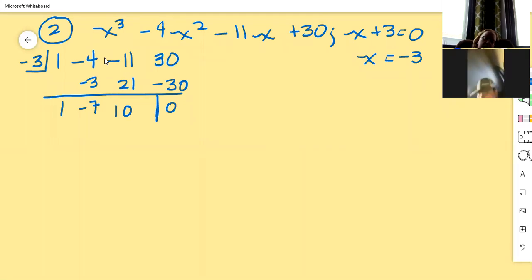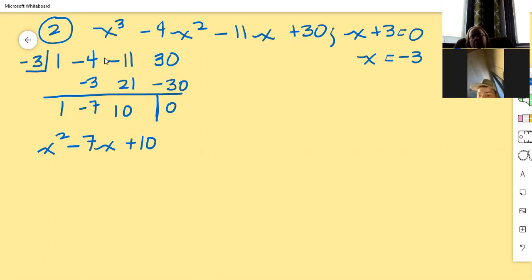Okay, you want to tell me what the trinomial will be? It'd be 1x squared minus 7x plus 10. Yep. And actually we don't need to set it equal to 0. So what would you like to do? Do you want to try to factor it or do you want to use the quadratic formula?